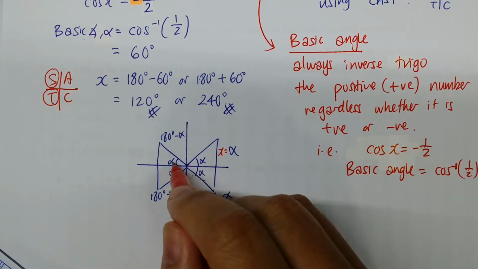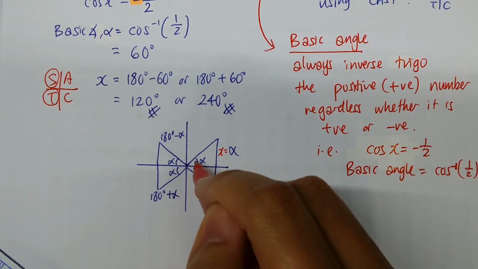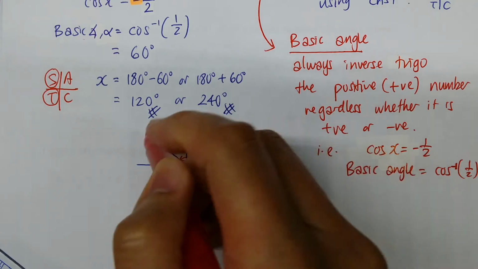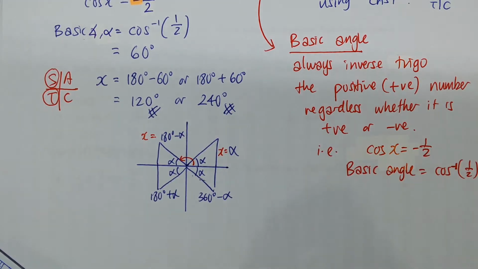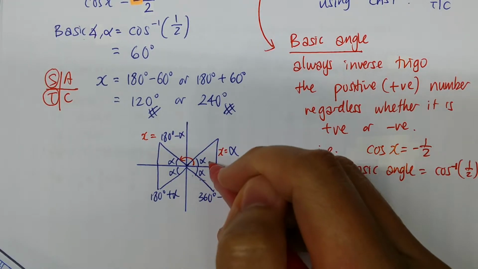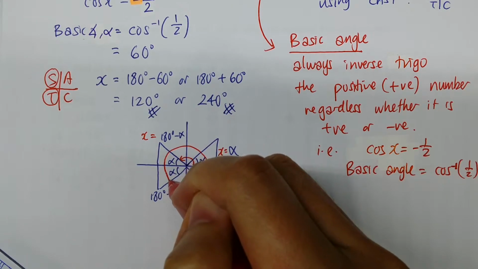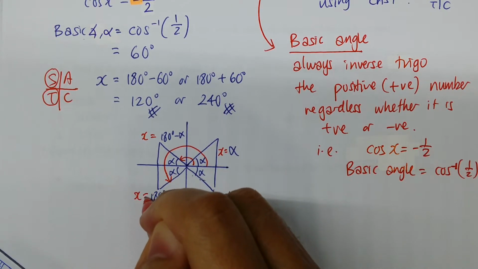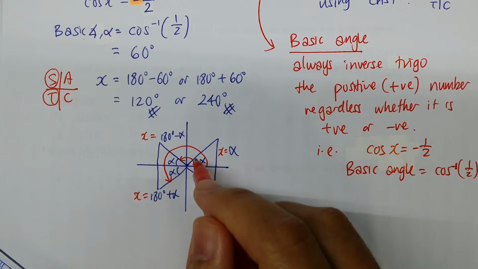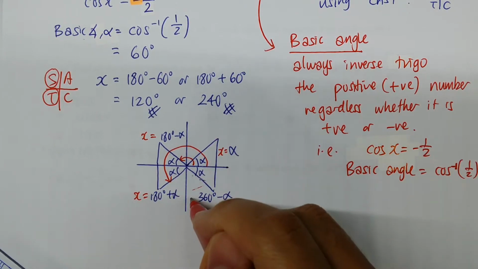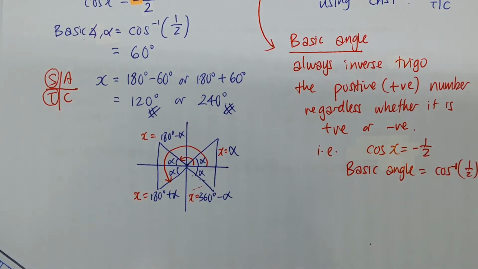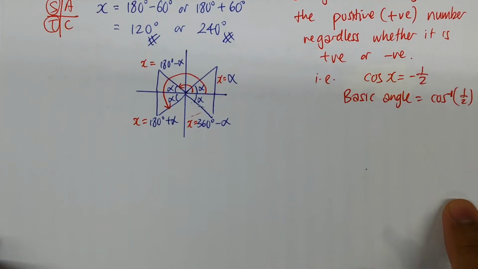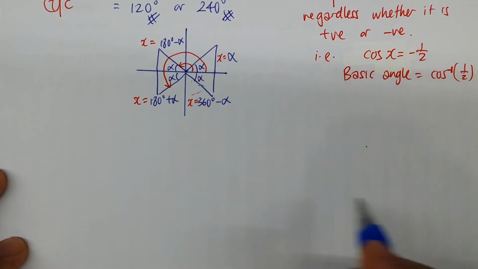But if this is alpha, then this particular angle over here, x will be this. So if this is alpha, then this huge angle over here will be this. Similarly, one big round, x will be 360 minus alpha. Okay, so with this diagram, I think I can solve B and C very easily.